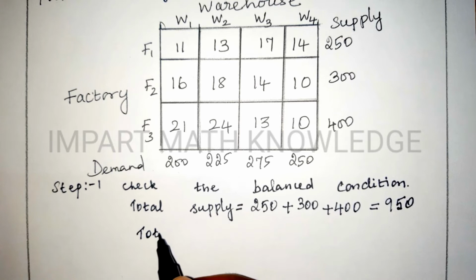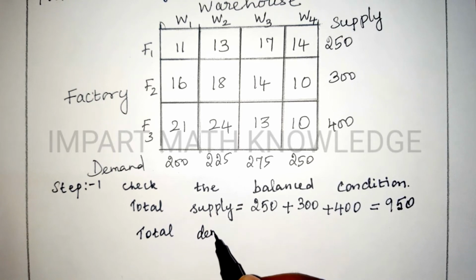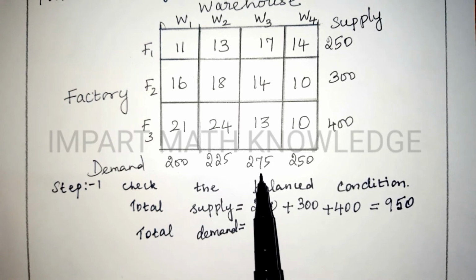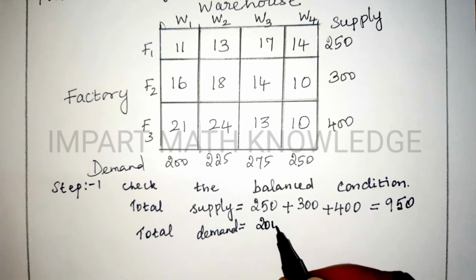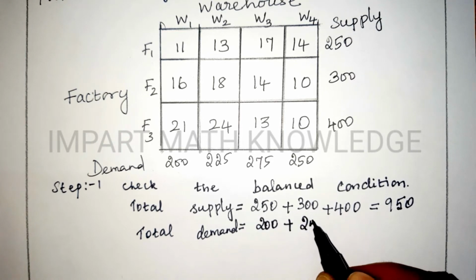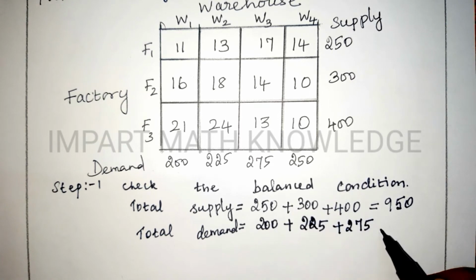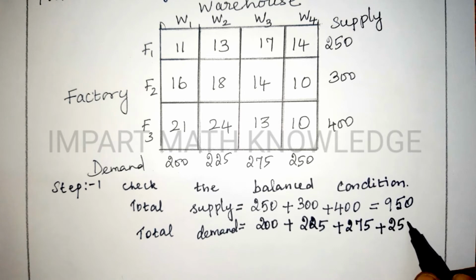Total demand is 200 plus 225 plus 275 plus 250. The total value is 950.